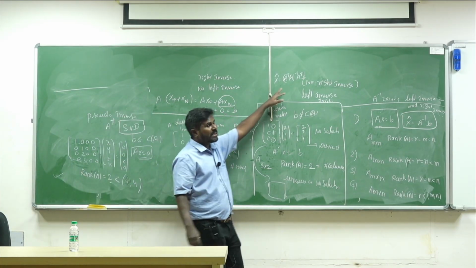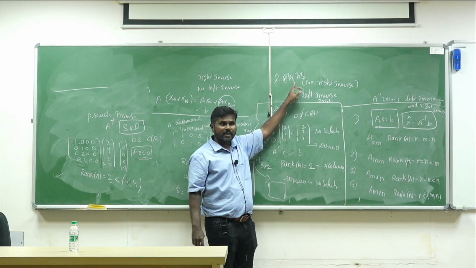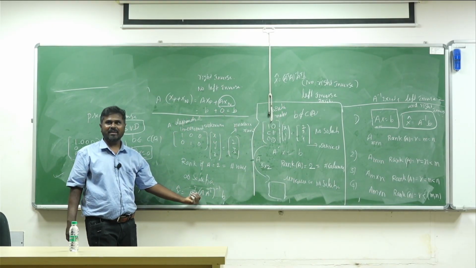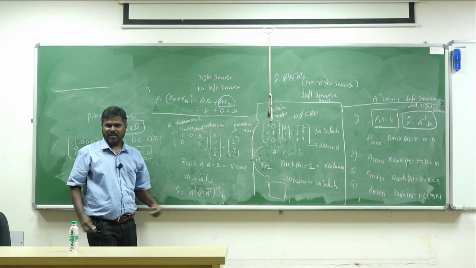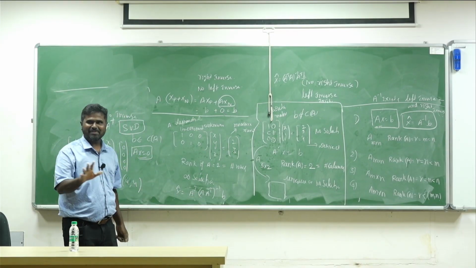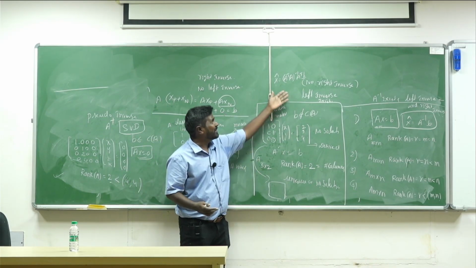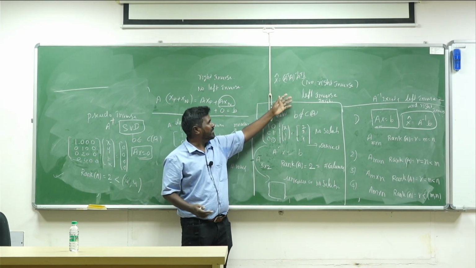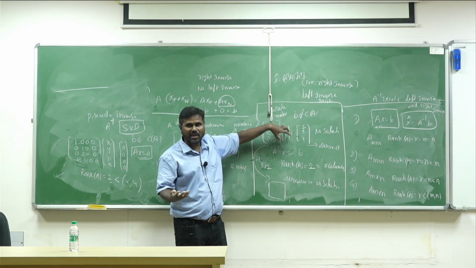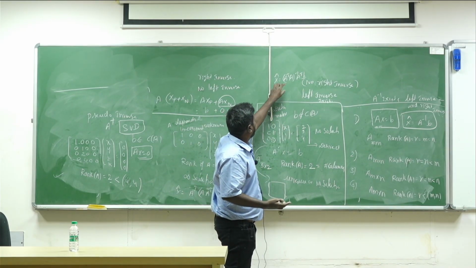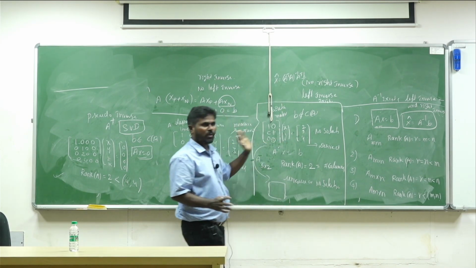Why do we call it the left inverse and why is this called the right inverse? In this class I cannot prove that this is a solution to this problem.